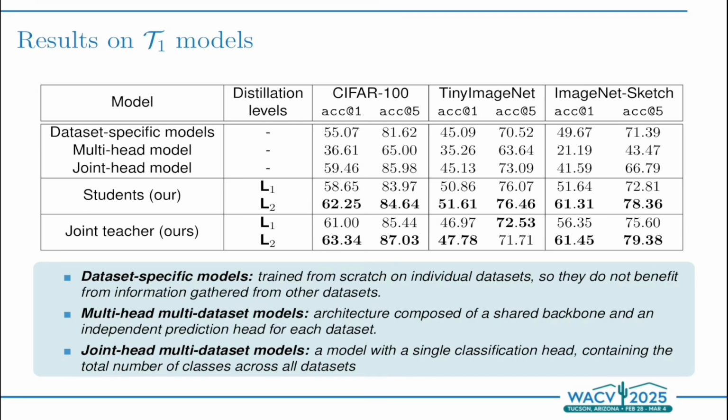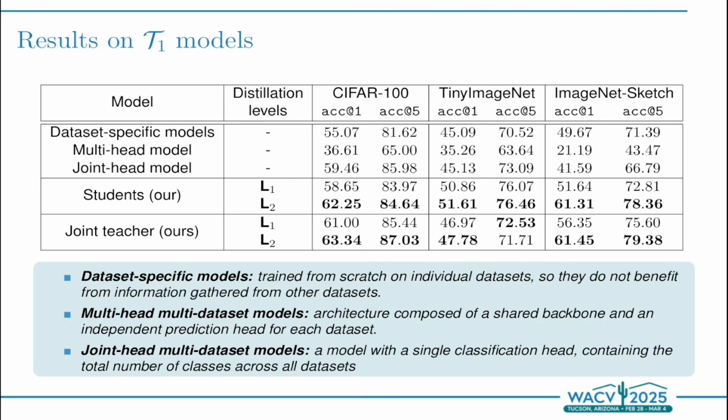As baselines, we start from each initial individual teacher and move towards multi-dataset methods, such as multi-head models with a single shared backbone using independent prediction heads, and the second approach, the joint head model with a single classification head containing the total number of classes.